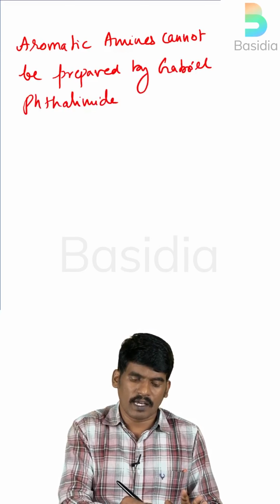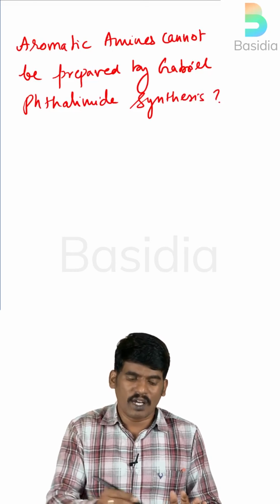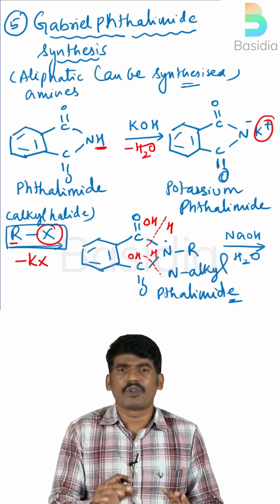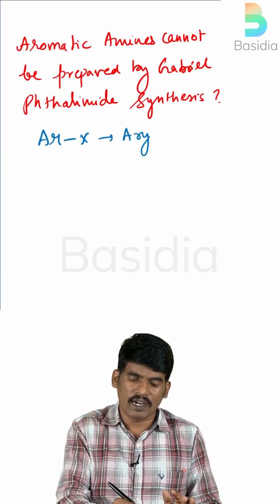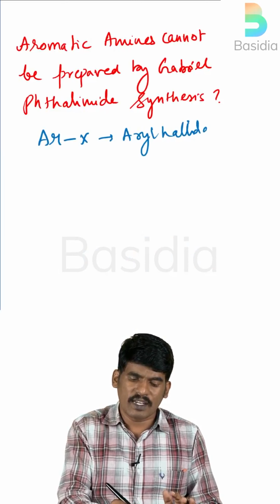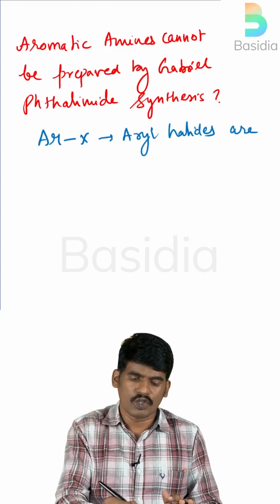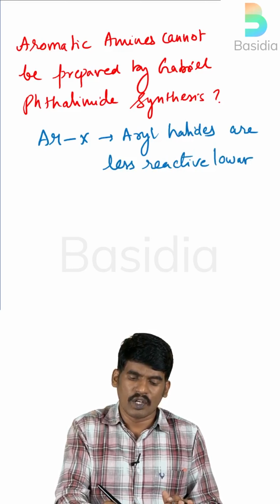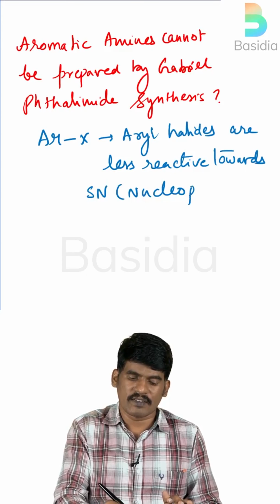Why can't we prepare aromatic amines by Gabriel phthalimide synthesis? Children, we are using RX, right? Instead of this RX, if we use ArX, we are supposed to get ArNH2. But aryl halides, ArX, are less reactive towards nucleophilic substitution reactions, those are called SN reactions.